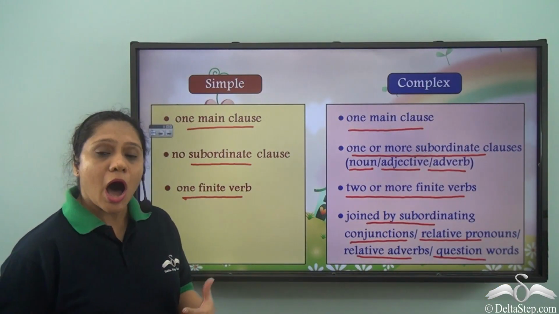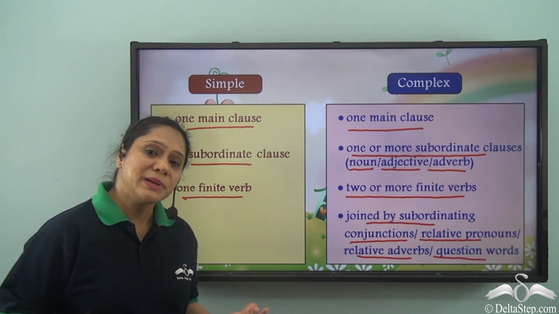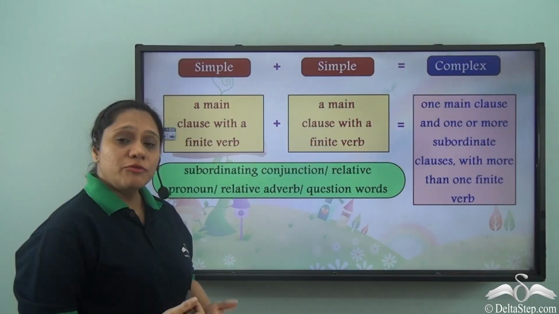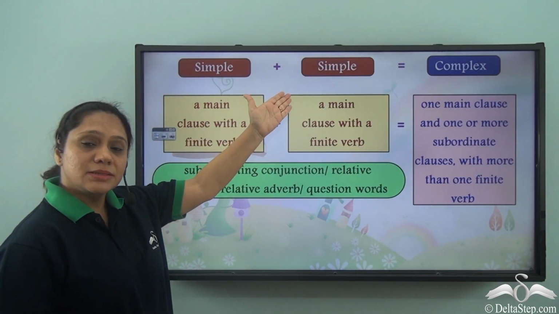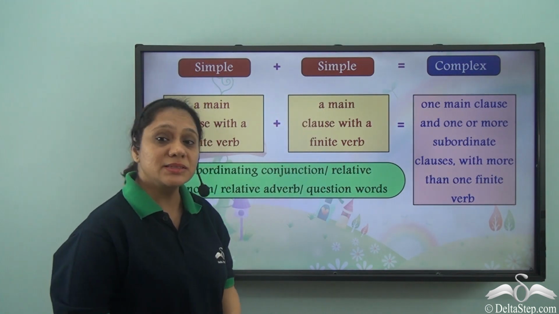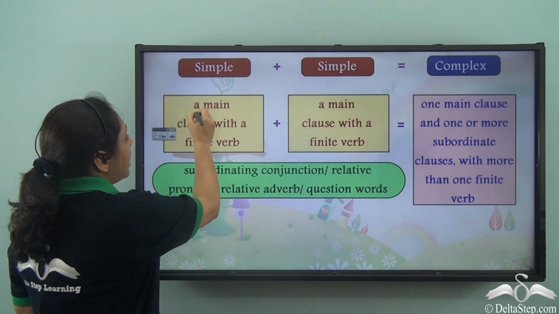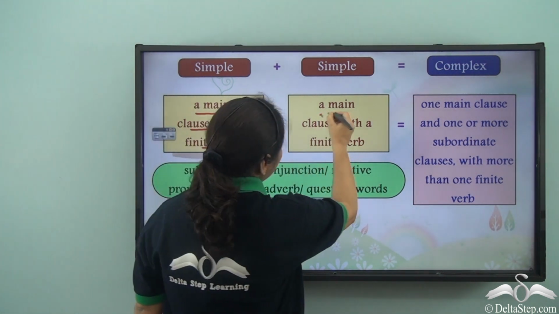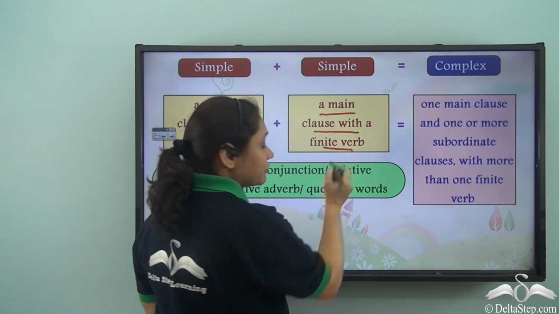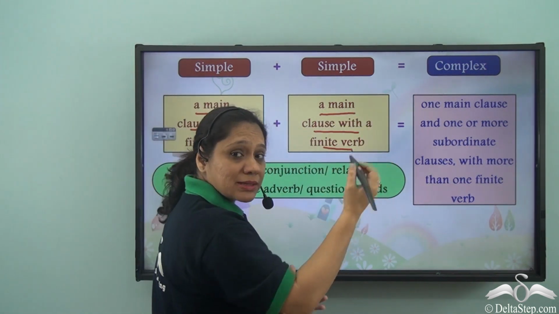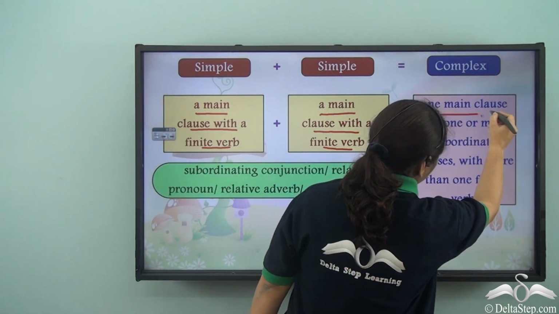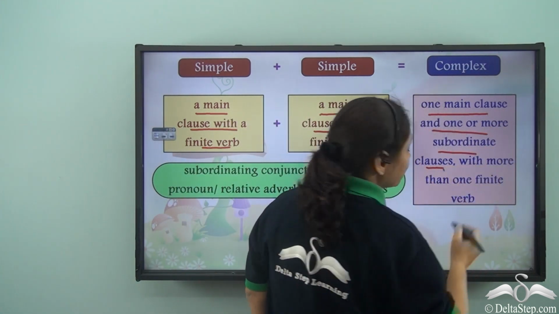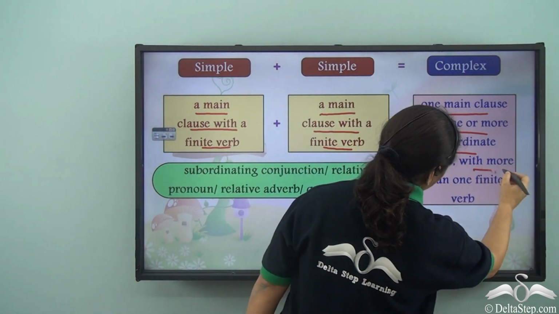Let us see how we can synthesize two simple sentences to form a new complex sentence. So, when we are joining two simple sentences to form a complex sentence, we are essentially joining a main clause with a finite verb with another main clause having a finite verb to form a complex sentence having one main clause and one or more subordinate clauses with more than one finite verb.